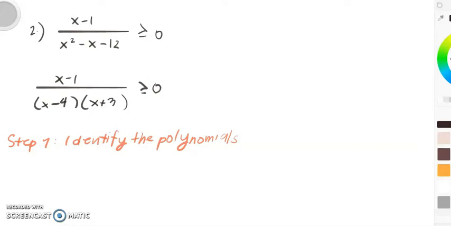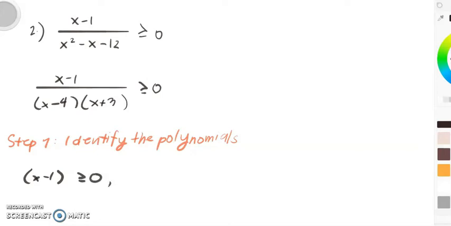Polynomials, as we know, are expressions that involve the use of variables and coefficients such as x. In the numerator, we have x - 1. In the inequality, we have x - 1 greater than or equal to 0.